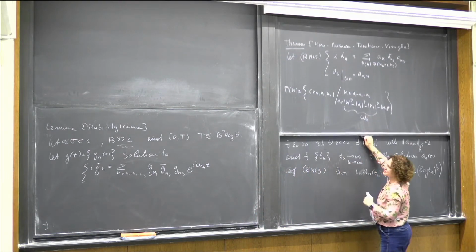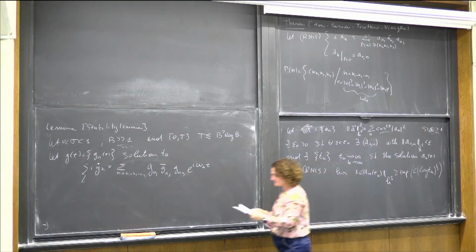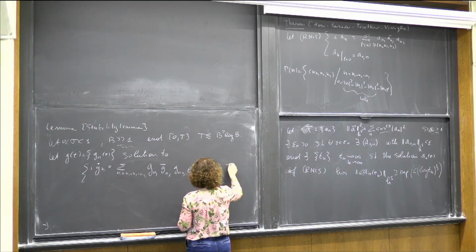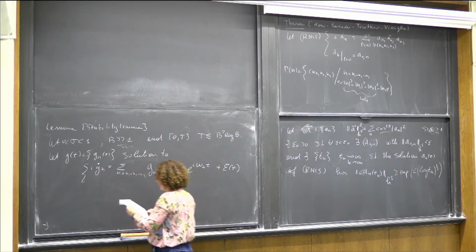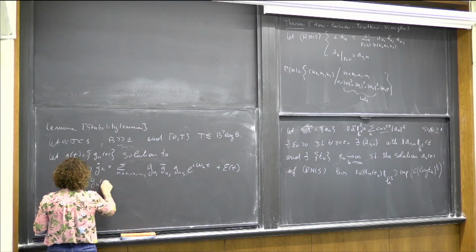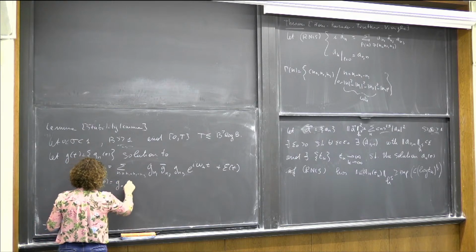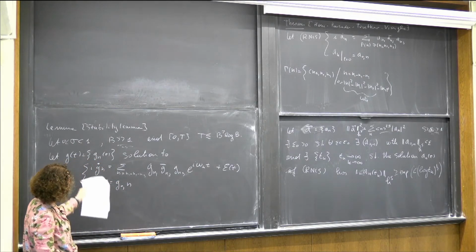I call it omega_4 just because there are 4 frequencies. Plus there is an error, E(t), and of course we have the initial data, some fixed g_0n.